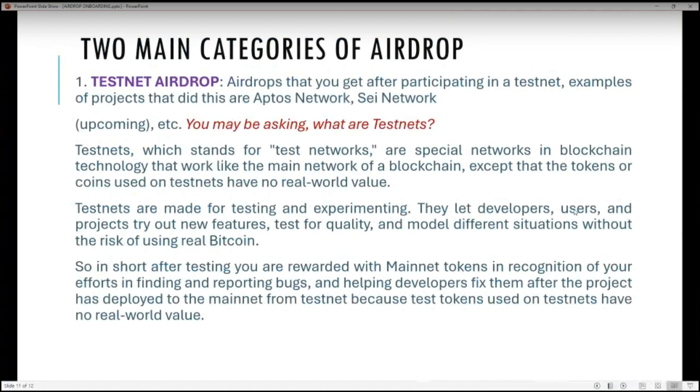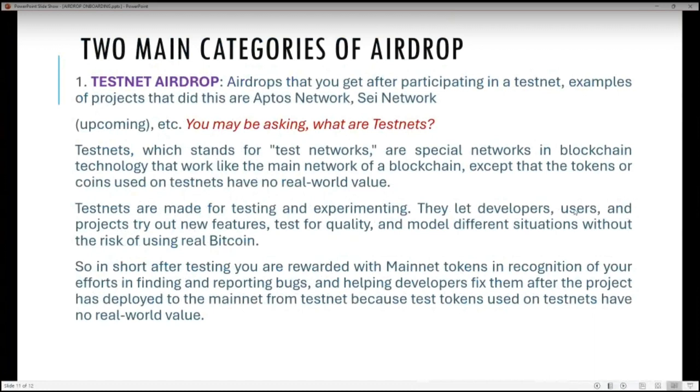One of the criteria they used was just to mint an NFT in their testnet. Just one NFT. That's all. And that airdrop, I think, in Nigerian currency was worth over 600,000 naira, all for free, just for minting an NFT on their testnet. And also, the Sei airdrop was not really that encouraging, but at least it was something.